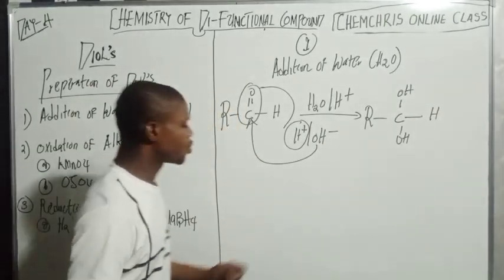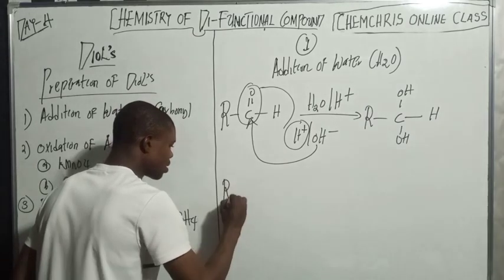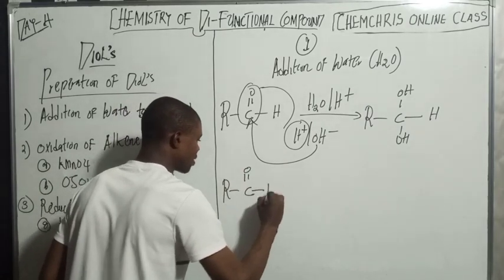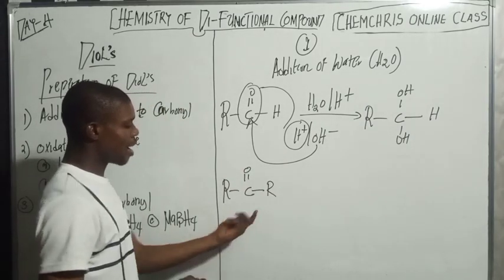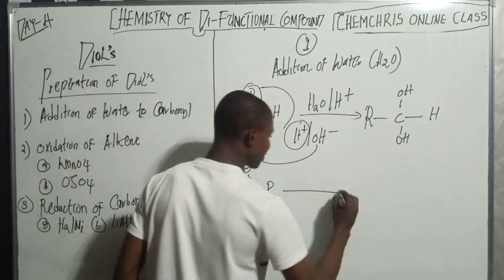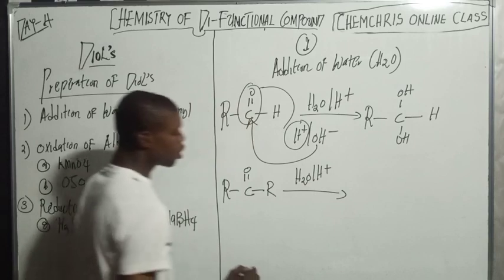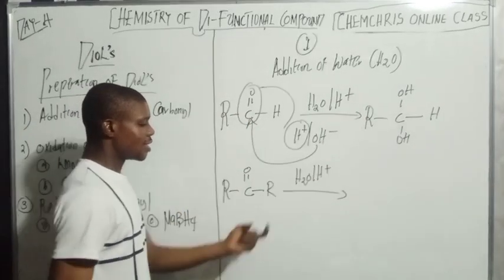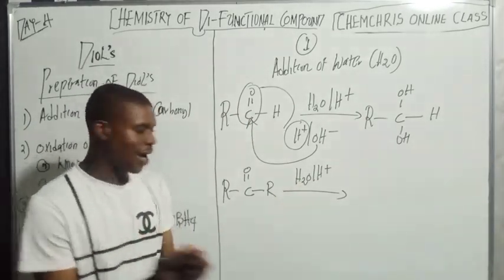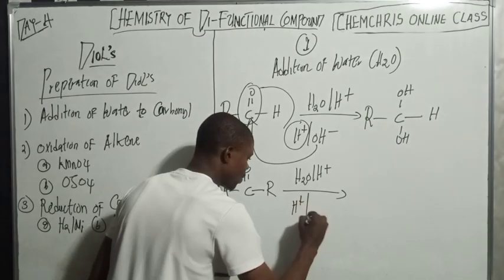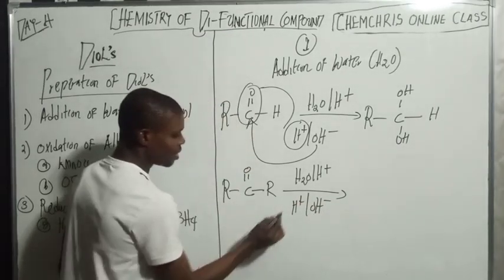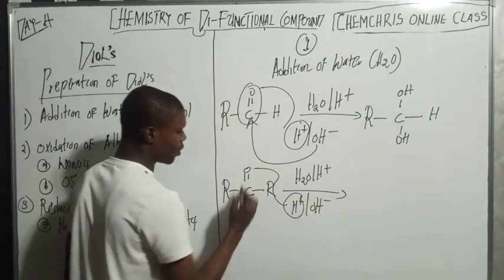Do you understand? Now if I have a ketone, it is still going to produce similar results. Remember, H2O will break down into two, H plus and OH minus. The H here will be added to this oxygen to form OH.